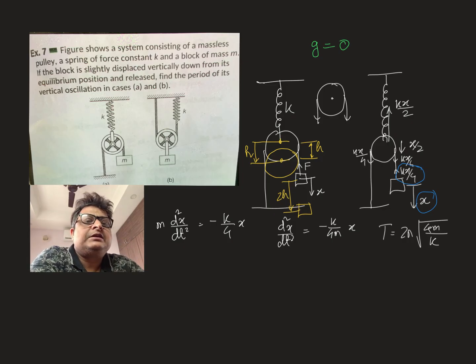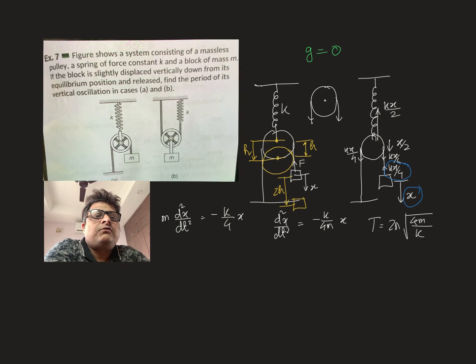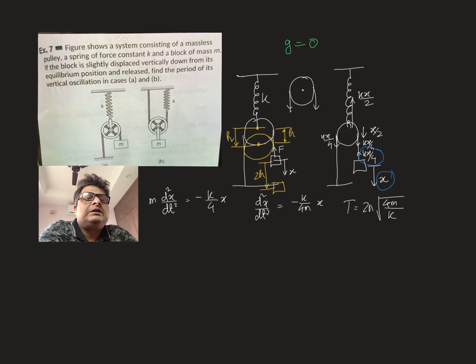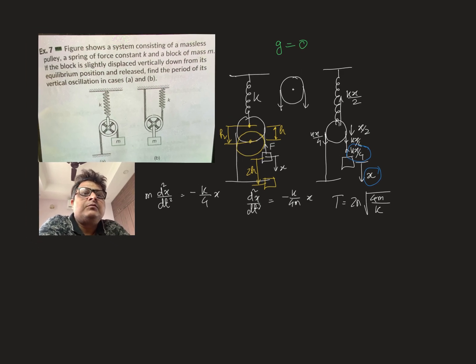Now let us look at the second problem. For this second problem, if this mass goes down by x, this pulley goes down by x.